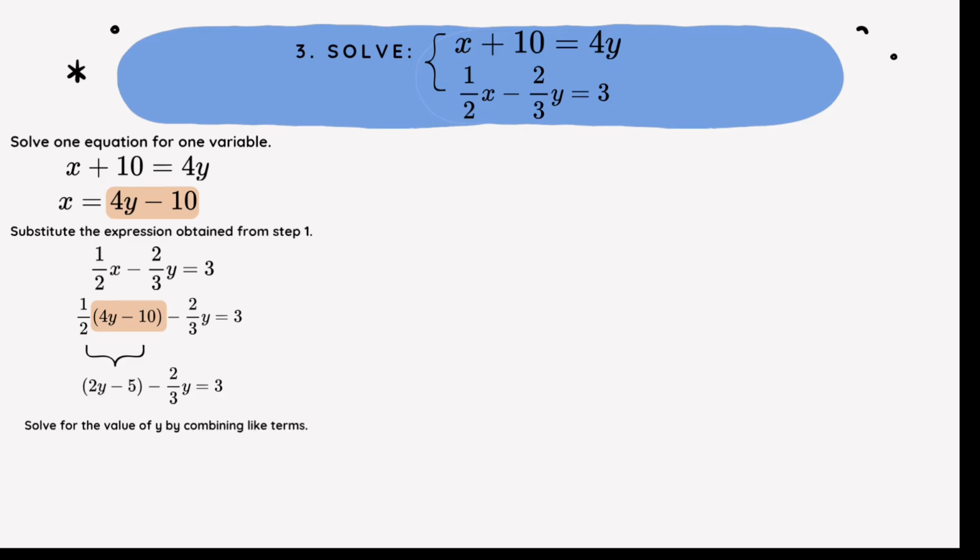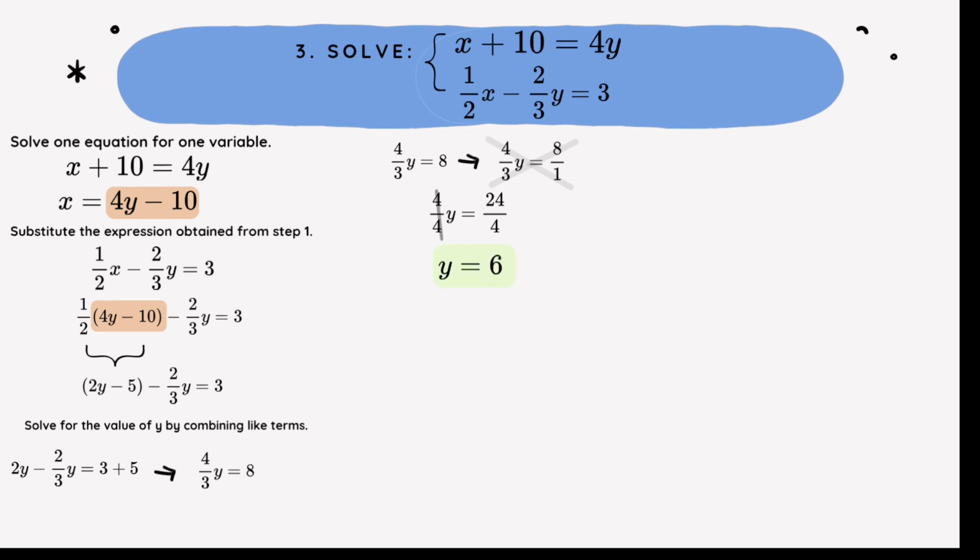And we'll get 2y minus 5 minus 2/3 y equals 3. Then solve for the value of y by combining like terms. Then we'll get 4/3 y equals 8. And then cross multiplication, we'll have 4y equals 24. Divide both sides by 4, we'll get y is equal to 6.